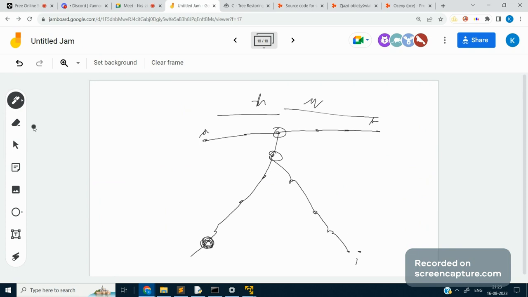Now notice that the depth of any node here is less than or equal to min of P and Q. Suppose from this node we can go more than P steps, then we can just replace P with this, and this would be a larger diameter.